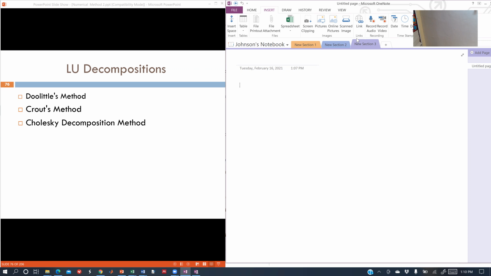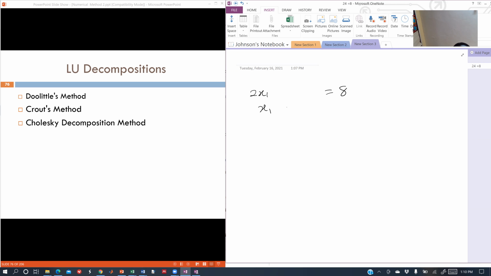What is LU decomposition? We are trying to solve the system of linear equations that we are familiar with. This time, trying to pass through another way to get it done. What this is all about is assuming we have a system that looks like this. 2x1 is equal to 8.